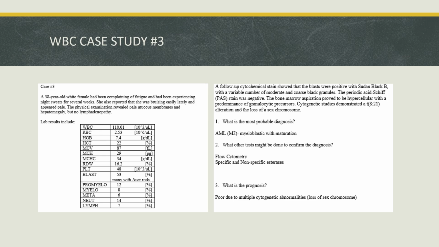Now, the biggest clue that we're going to be able to get, because it is pretty specific to a specific AML, is cytogenetic studies. And this has demonstrated a translocation at 8;21. In addition to the 8;21 alteration, there's the loss of a sex chromosome. So this patient has more than one cytogenetic abnormality.